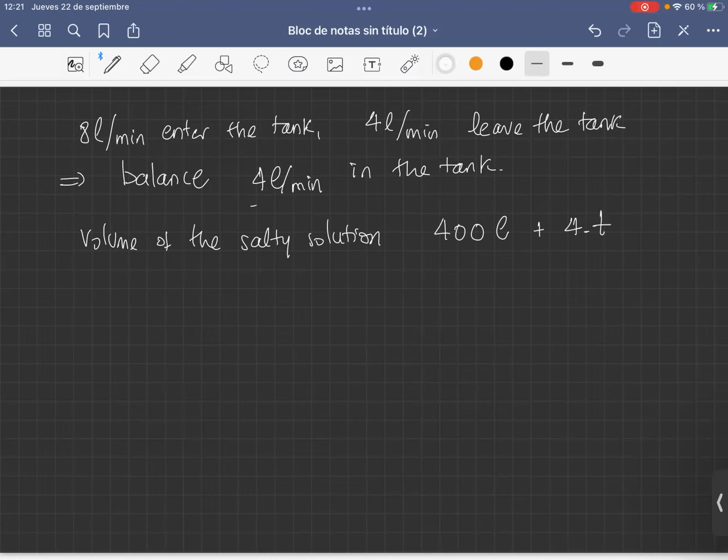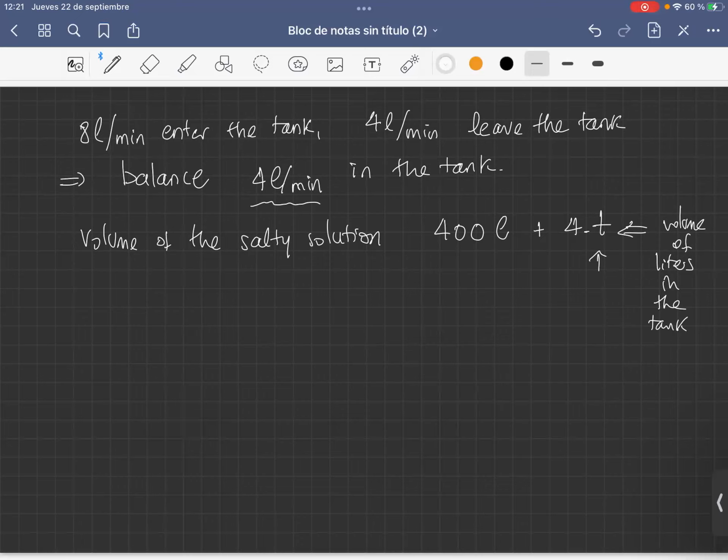If we multiply by the time, it's going to give us the liters that are entering in a specific time. So this is going to be the whole quantity of volume of liters in the tank at any point, when we have already balanced out what comes in and what comes out.